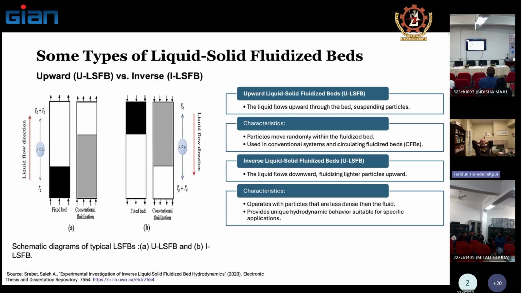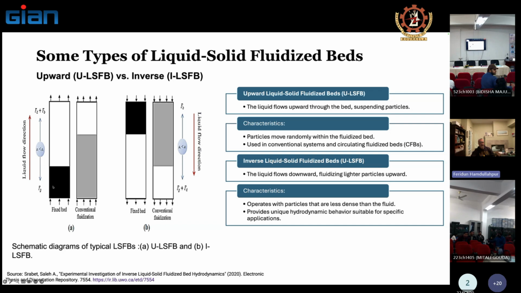Two types are possible, and I think you will see the inverse one later on. If the fluid motion, the liquid motion, is upward, and you're using particles that are denser than the fluid, the particle motion is in this direction and the fluid is upward. This is the upward liquid-solid fluidized bed.